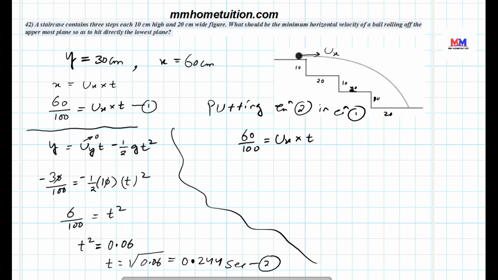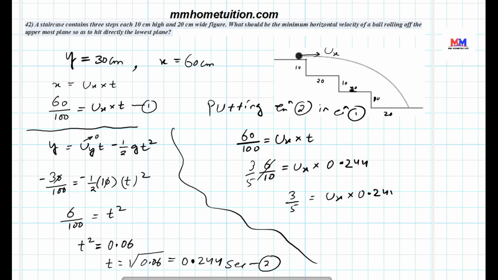So 6 by 10 equals ux into t. Time equals 0.244. So 6 by 10, that is 3 by 5, equals ux into 0.244.